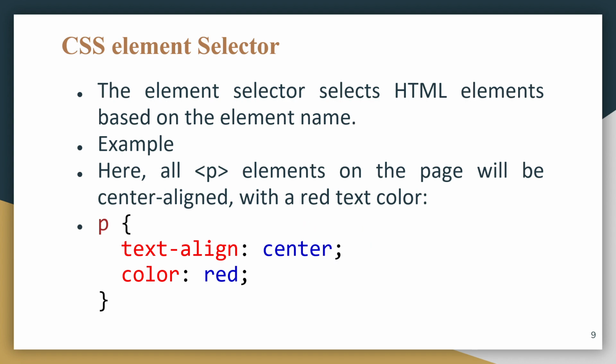For example, if you give a style for P elements on the web page, they will be center aligned with red text, because it is applicable only to paragraphs, not other elements. Wherever P is used in the document, all the P tag content will be center aligned and red. This is based on the element, so we call it an element selector.